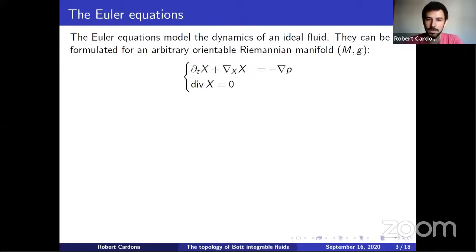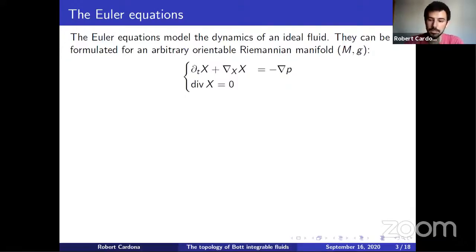Of course, what I need to first state is the Euler equations, which model the dynamics of what's called an ideal fluid, which means that it doesn't have viscosity, as is the case for the Navier-Stokes equations, and it's incompressible. Even though they are originally formulated in Euclidean space, you can formulate them for any arbitrary Riemannian manifold of any dimension, even though I will be speaking of the three-dimensional case.